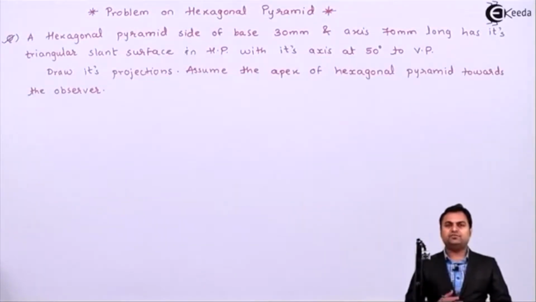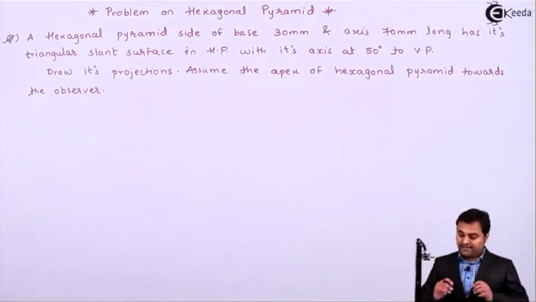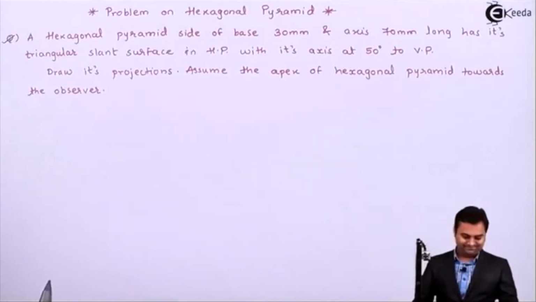Just by reading it, it is understood that the type of solid is a hexagonal pyramid. So I'll draw the diagram for that and explain the conditions in the problem.